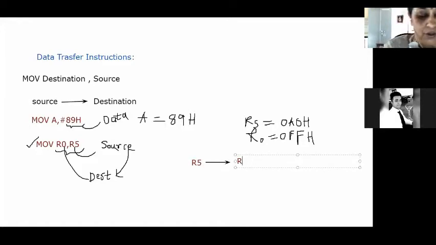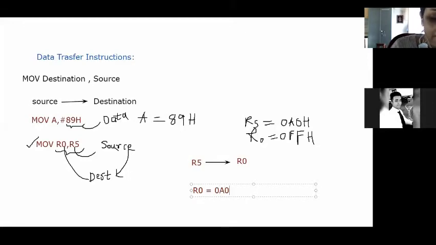In this case, the register R0 contains 0FFH and R5 contains 0A0H. So after execution of the instruction, what will happen? The register R0 will also contain the 0A0 hexadecimal value.